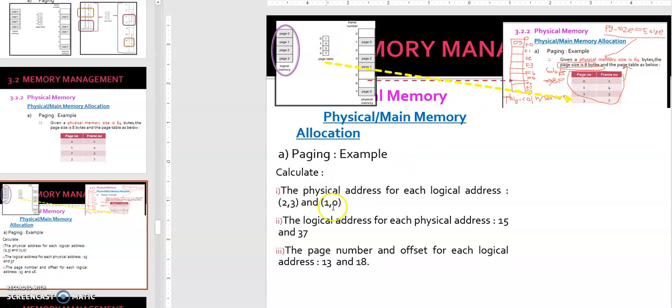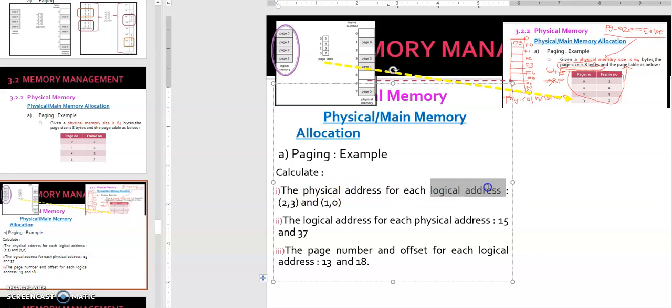Now the question says to find the physical address for each logical address. So what does it mean here? The question wants to find out the physical address, because we are referring to this one, but you are only given the logical address.